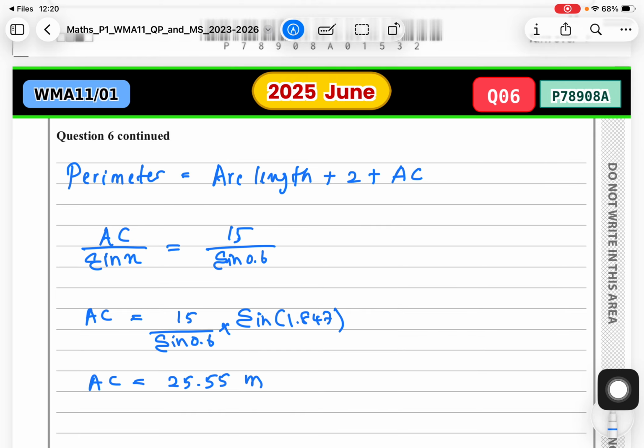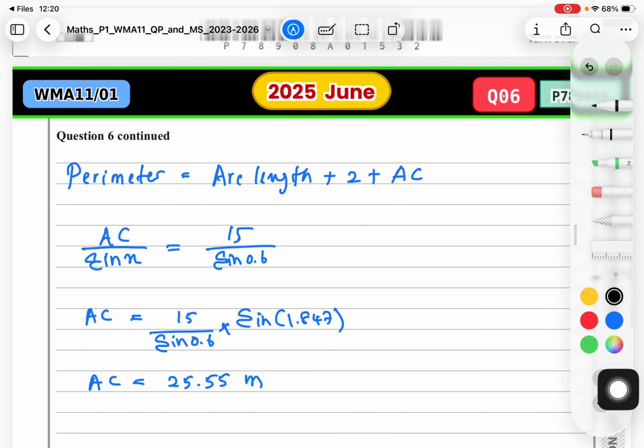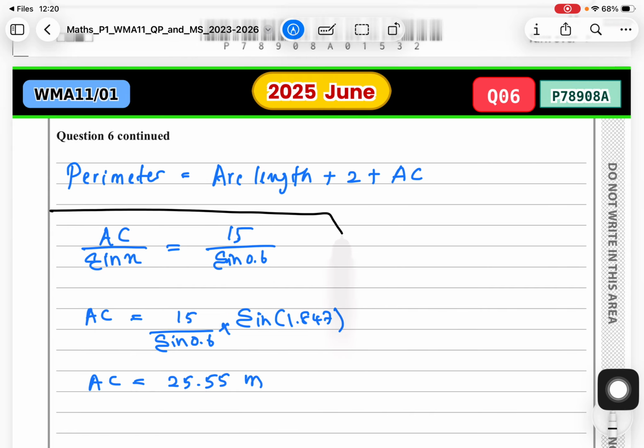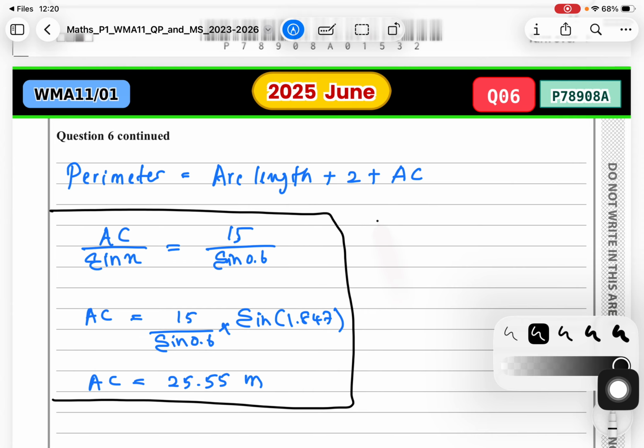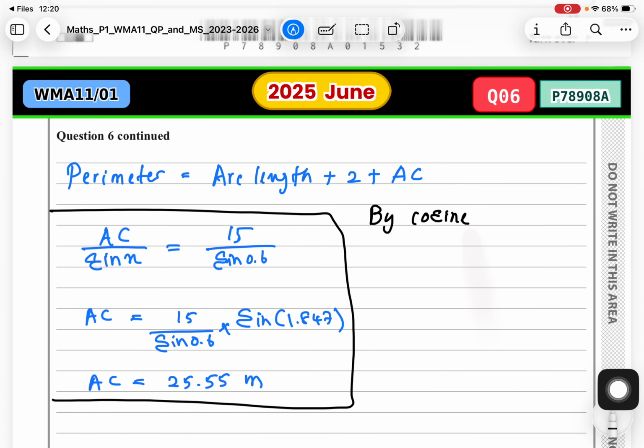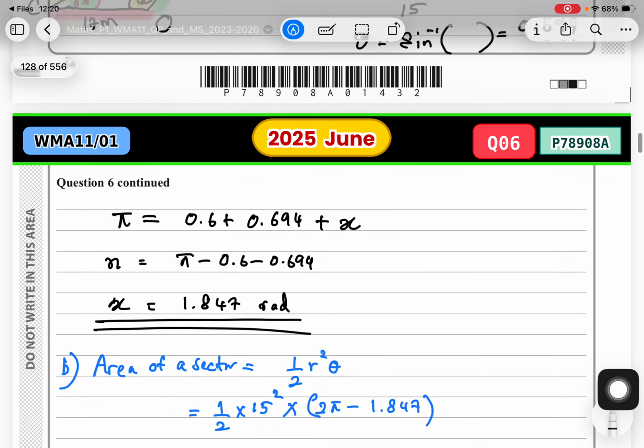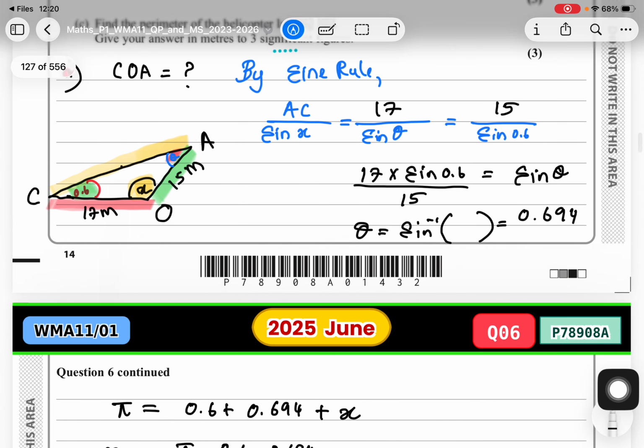Okay, actually there's one more way that you can do for the AC length, which is the cosine theorem. By cosine, we can get AC squared equals this squared plus this squared minus 2 times those two sides and the internal angle.